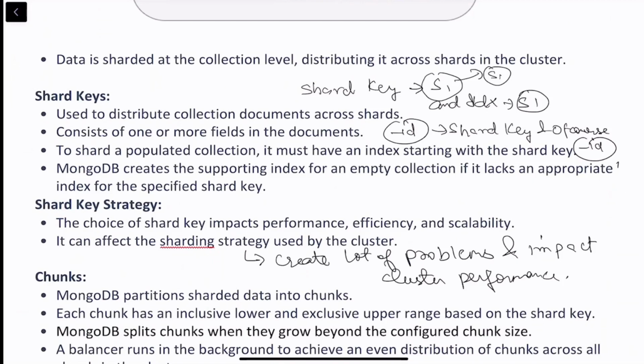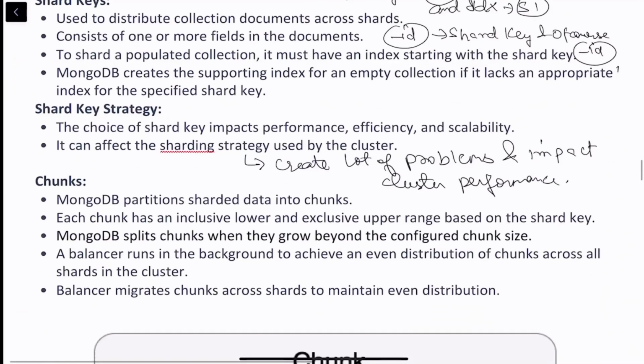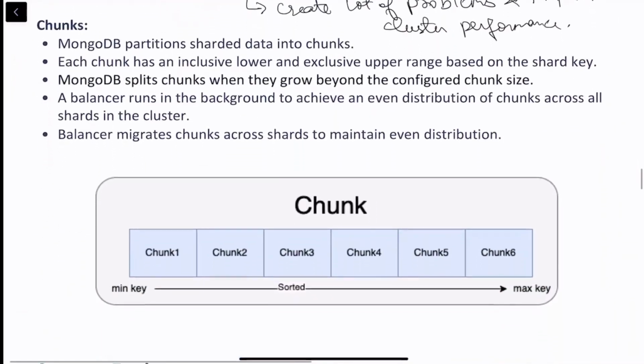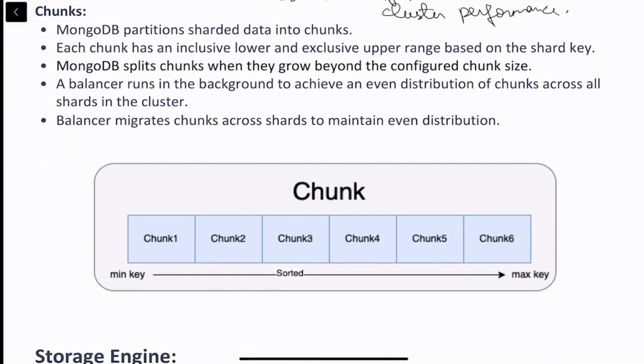Now let's deep dive into the further concept of chunks. These are the building blocks for our sharded data. A chunk consists of a subset of sharded data, each with an inclusive lower and exclusive upper bound based on the shard key. So each shard would have these chunks, and a shard would remain in a single node.